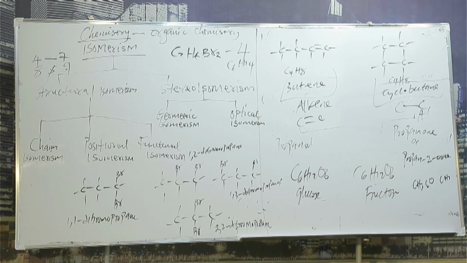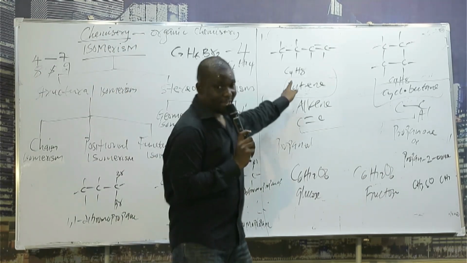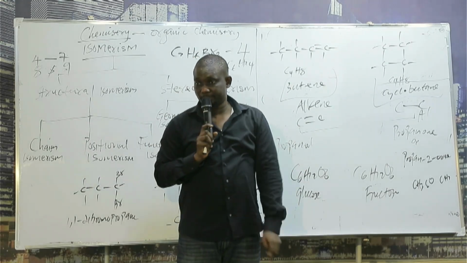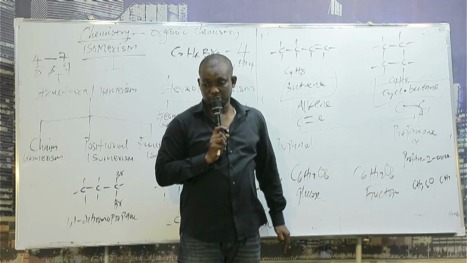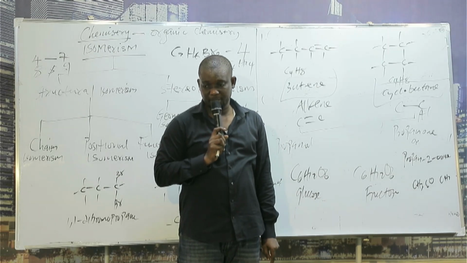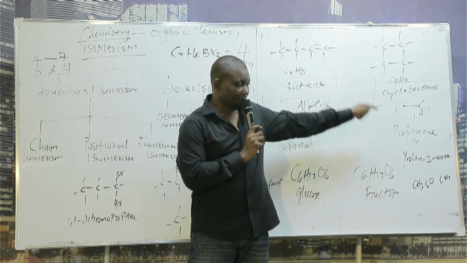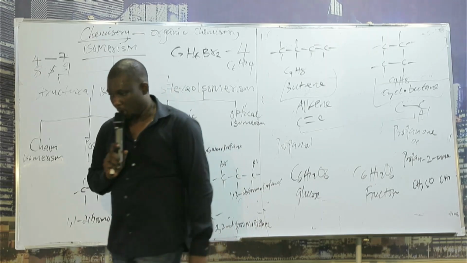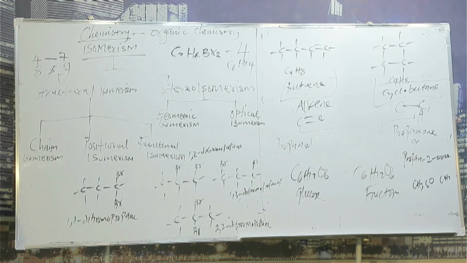You cannot even add cyclobutane as part of the isomers of butene. You can't do that. So add these two as example 3 for functional isomerism: butene and cyclobutane, or alkenes and cycloalkanes.